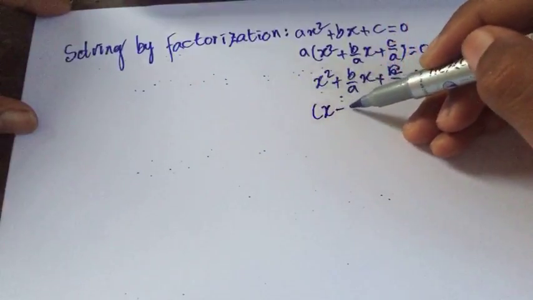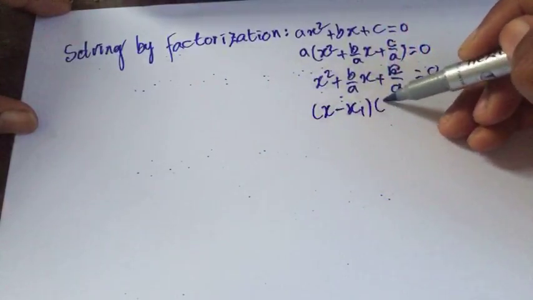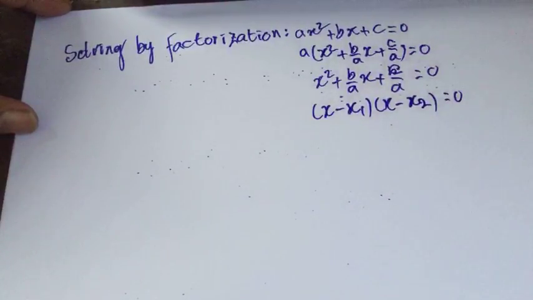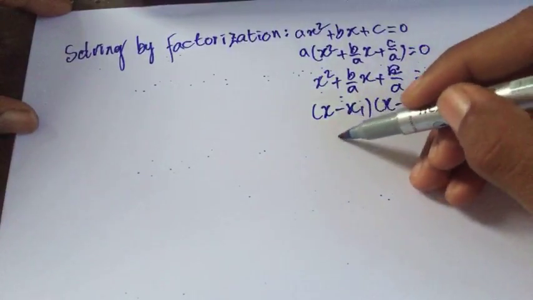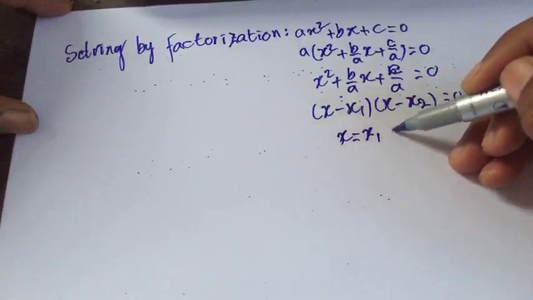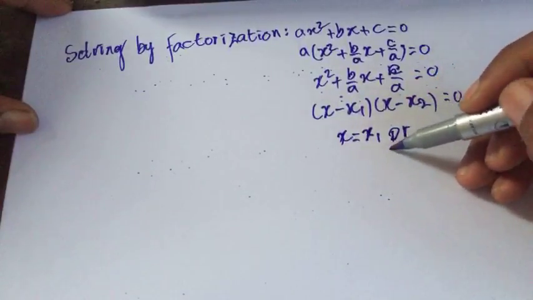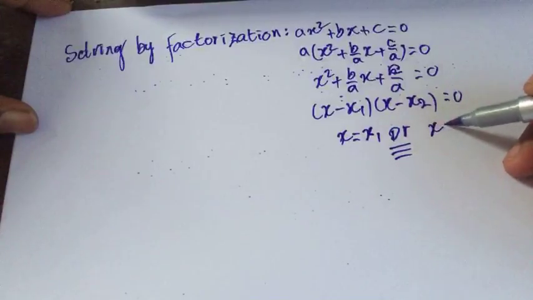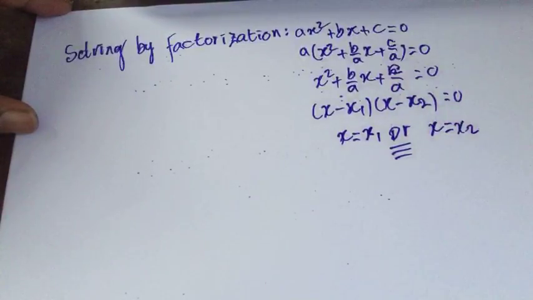You can factorize it as x minus x1 times x minus x2 equal to 0, and then we can find x equal to x1 or x equal to x2. It satisfies the equation.